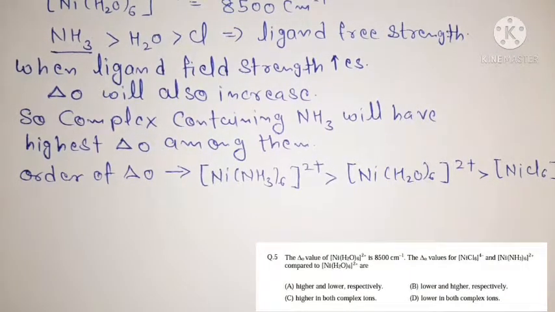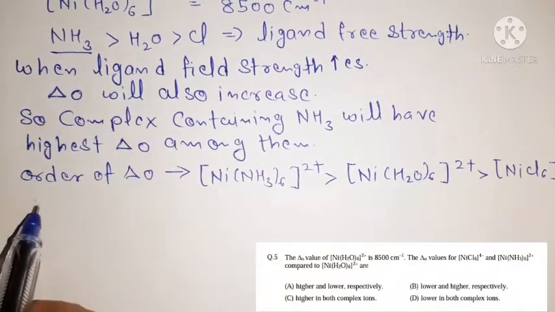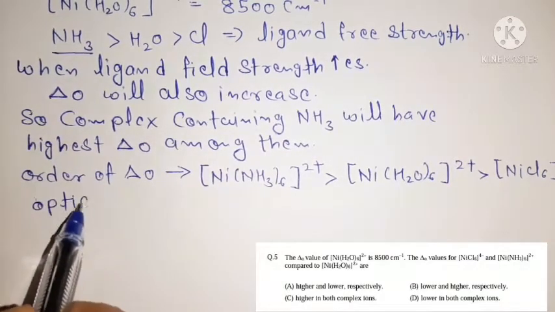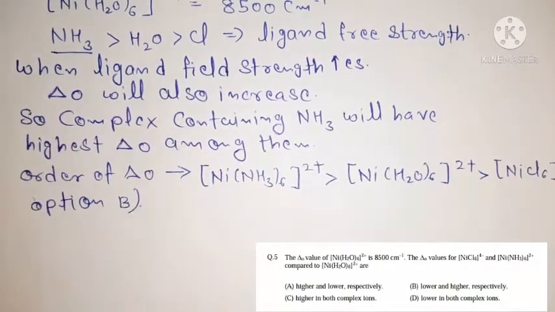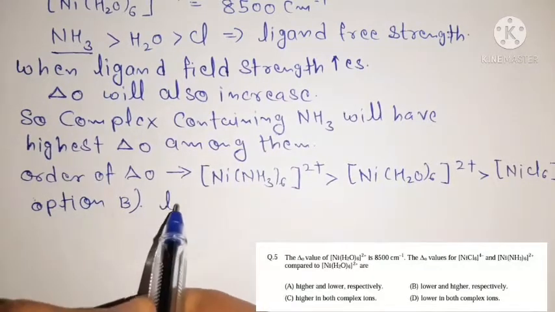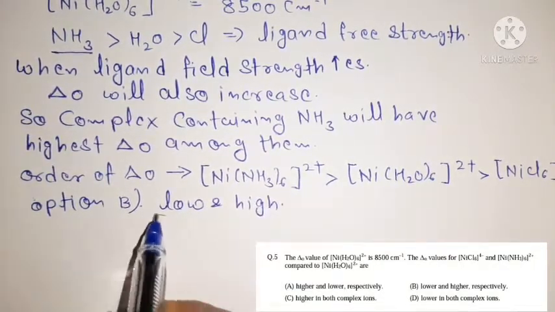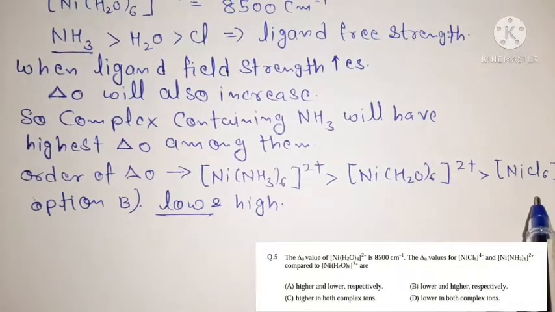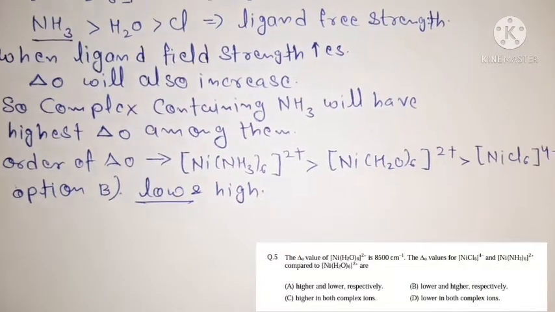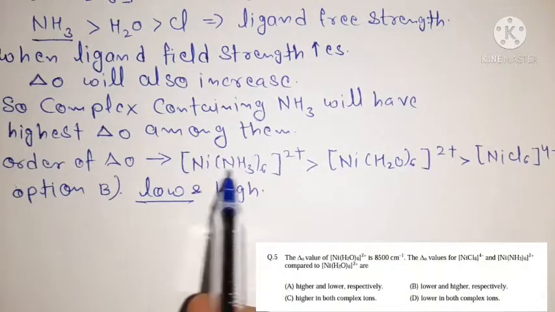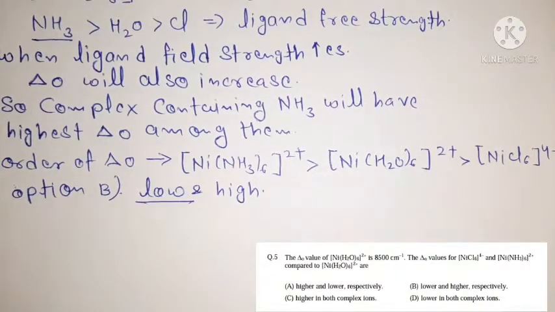Okay, so that means your option B is the correct answer for this question, that is low and high. Okay, low for NiCl6 4-, understand, and high for Ni(NH3)6 2+.